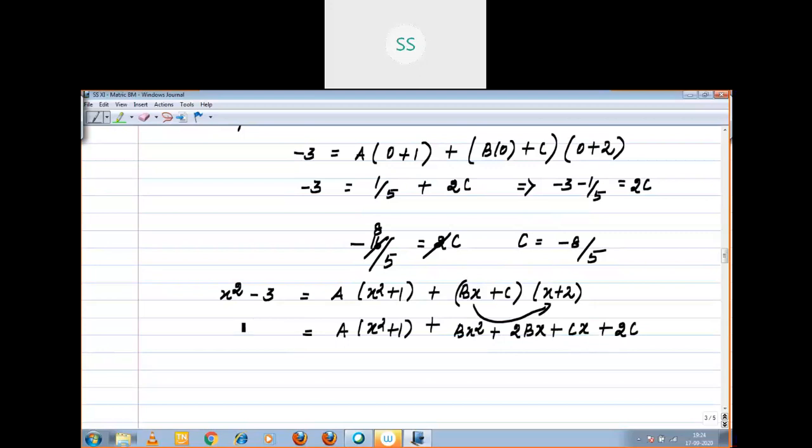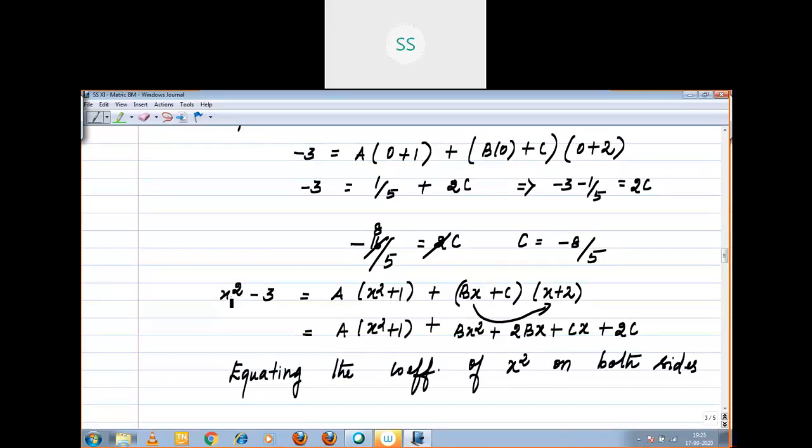One more thing I am going to include. Up to the previous, we substituted the value of x. Here I am going to equate the coefficient of x square. Anything you can apply which you feel easy. You can substitute any value of x, or you can equate the coefficients, that is easy. Coefficient of x square on both the sides. Got it, children? If I equate the coefficient of x square on both the sides, the left hand side will give you 1.